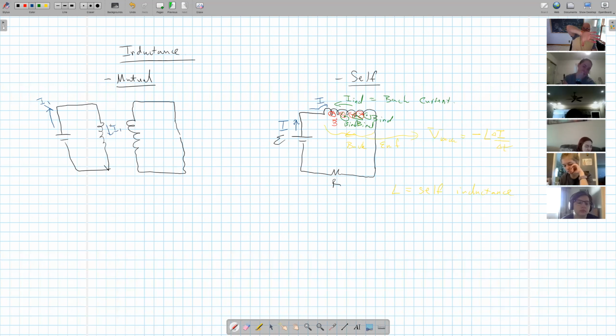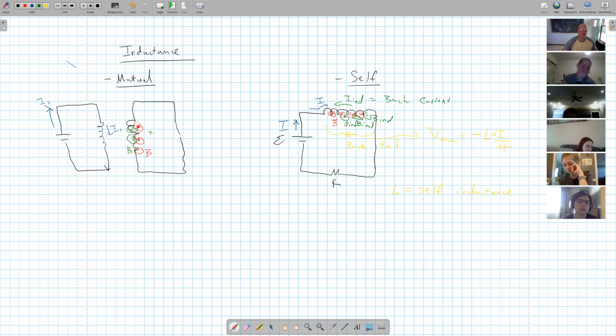But here, if my current's going in this direction, I curl my fingers in this direction, which means over here I'm going to create an external magnetic field pointing out of the page at all locations. This is my external magnetic field. Since this is getting bigger, each one of these coils is going to induce its own magnetic field in the opposite direction.